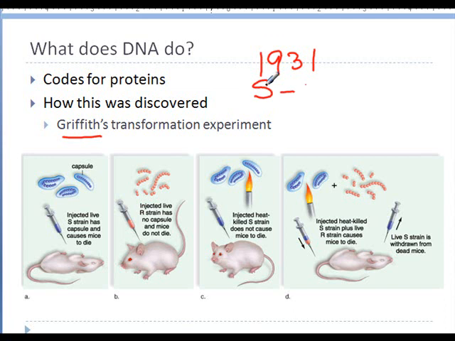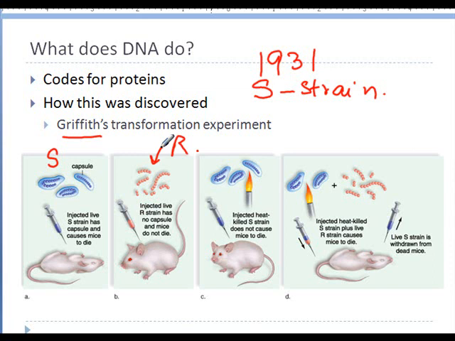The S strain is the strain with shiny, smooth colonies, and that's why he was using the term S, because the colonies were shiny, and they had a capsule, which actually caused them to cause the disease. So he called that the S strain. Now, there were bacteria that mutated and did not have this capsule, and he called that the R strain.